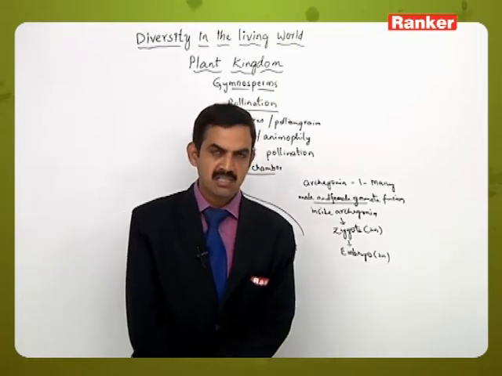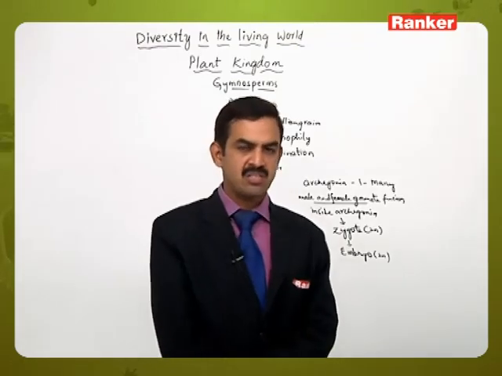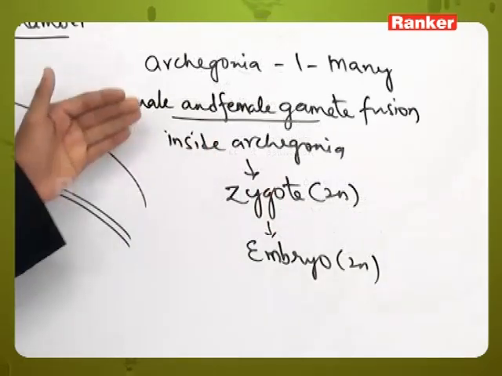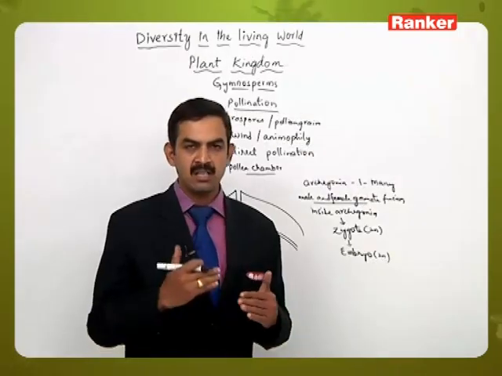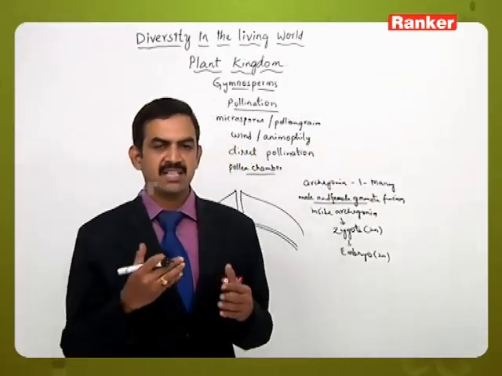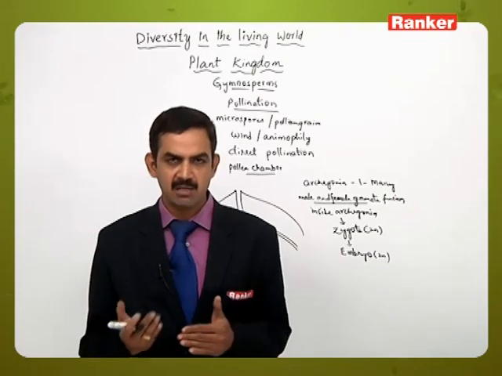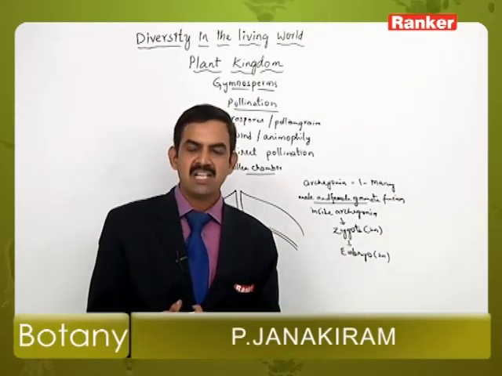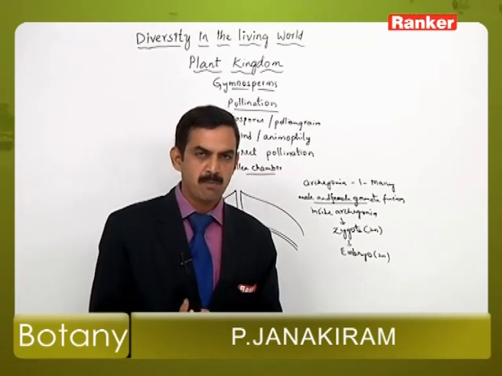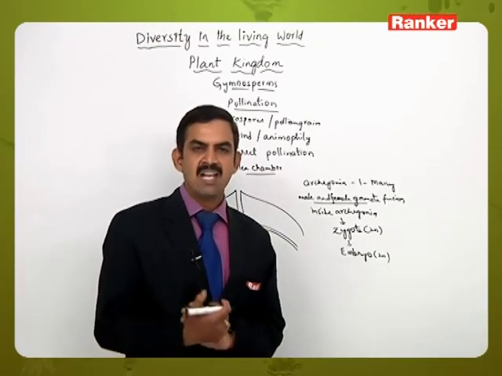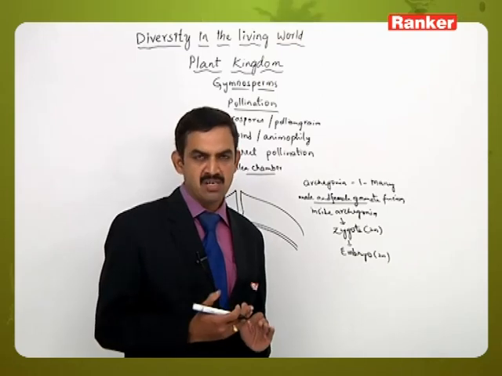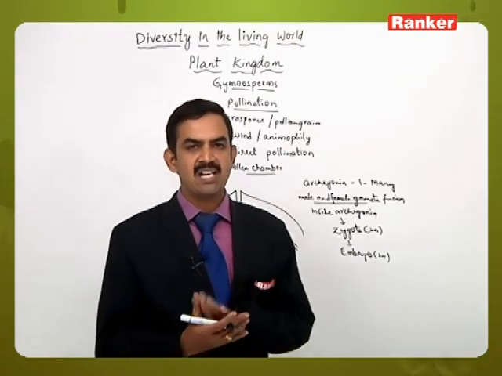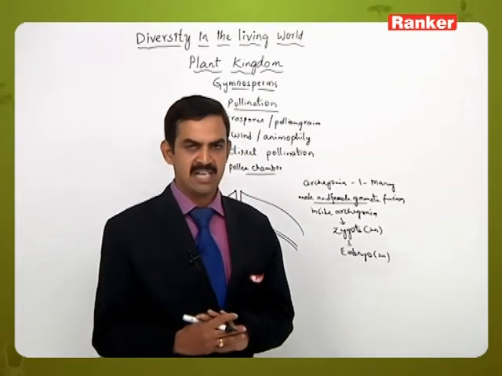Here in this process we have started with the sporophyte generation. In the meantime we got the gametophytes, once again the sporophyte. That means the sporophyte generation and the gametophyte generation are coming in an alternate manner, so we call it alternation of generations. And the life cycle had been started with the sporophyte, which is diploid in its condition, and later the haploid gametophyte generation also comes, so we call it a diplohaplontic life cycle.